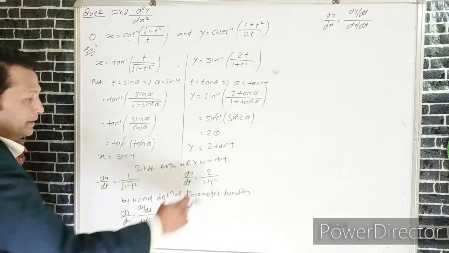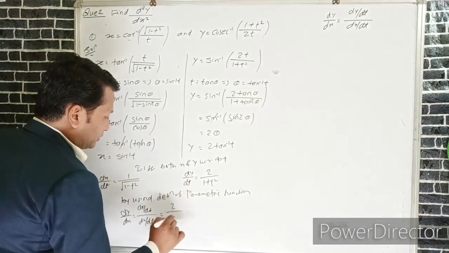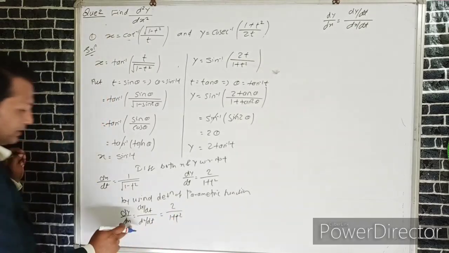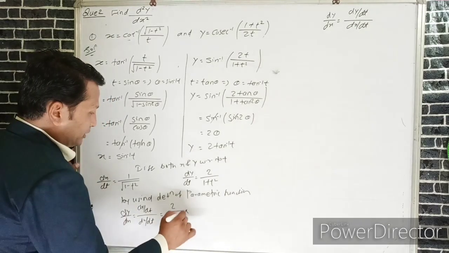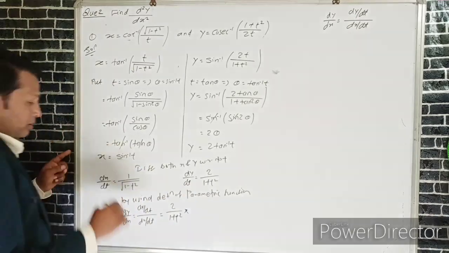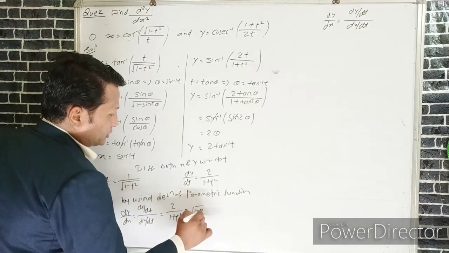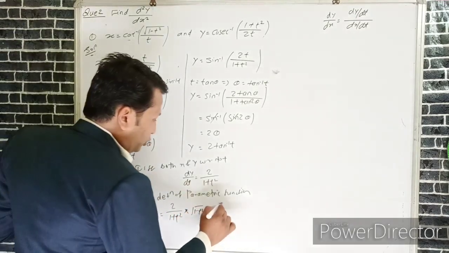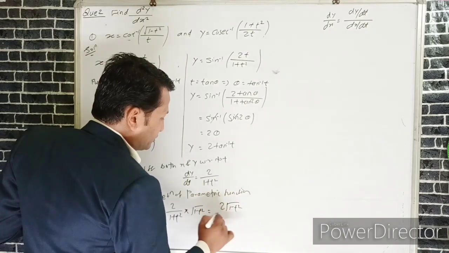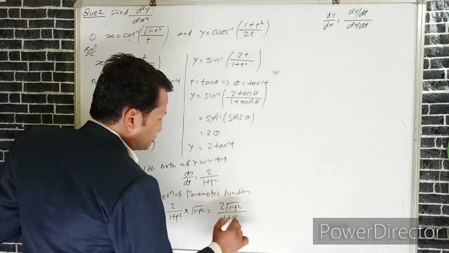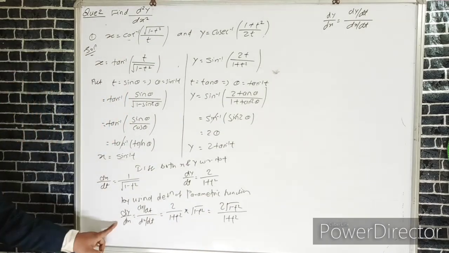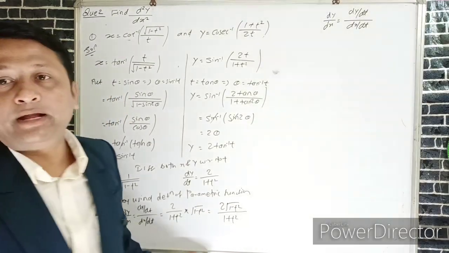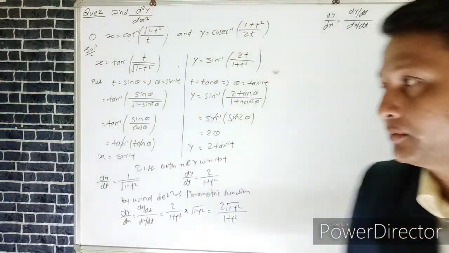Here dy by dt is 2 upon 1 plus t square. If we write this in multiplied form, numerator and denominator exchange. Under root of 1 minus t square is the numerator, that is 2 under root of 1 minus t square upon 1 plus t square, which is the value of dy by dx, also called the first order derivative.